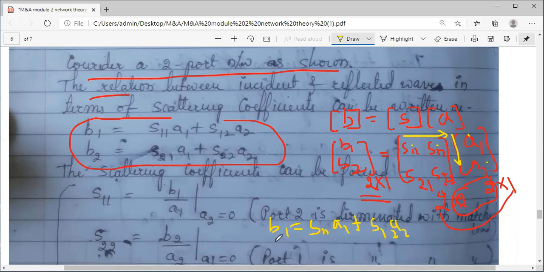Similarly, go for the second equation. B2 is equal to, row and column, S21 into A1 plus S22 into A2. These two are the equations we get. So the same thing I have directly written.